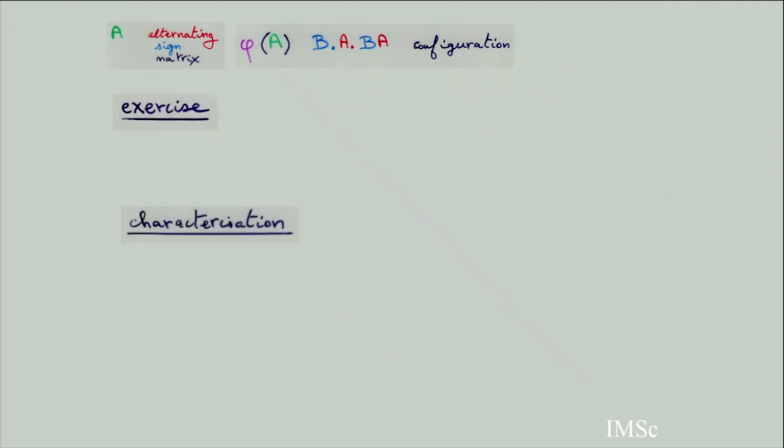And there was an exercise to give a characterization of such configurations, which give alternating sign matrices. So I give you the solution. It was maybe easy. For any cell alpha, you define G of alpha and B of alpha, all the points in brown of the configuration on the right, all the points in the Ferrers diagram above.